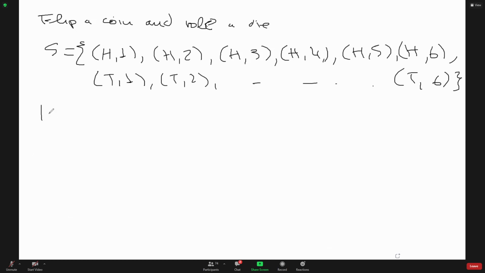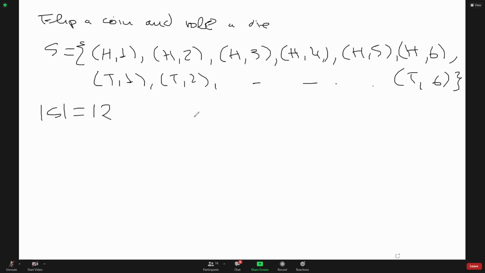So what is the cardinality of S, of the sample space? 12. And why is that? Because every element in the sample space is unique. Well, yes.